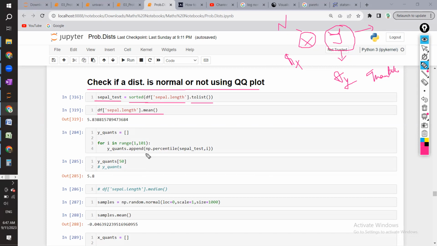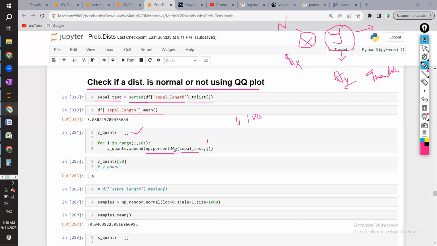Just np.percentile. I'm creating a list called y_quants for i in range of 1 to 101, that means 1 to 100 it will take. That means I'm taking 100 percentiles. See here, np.percentile, and inside that, sepal test, that means my data set, comma i. Initially it will take 1.